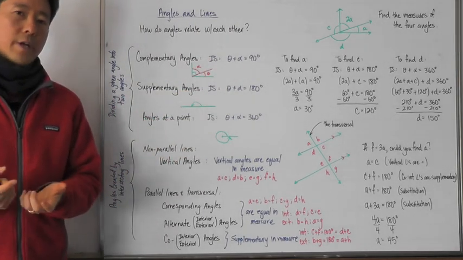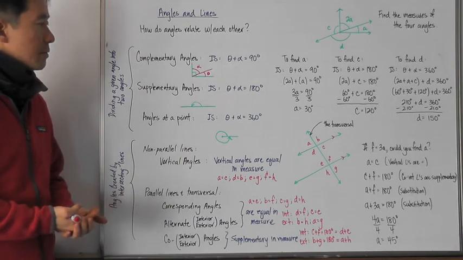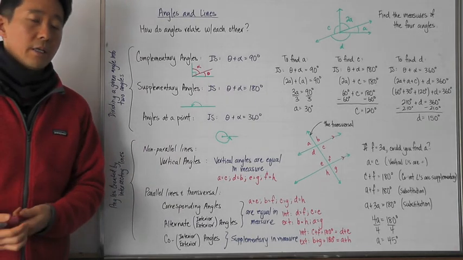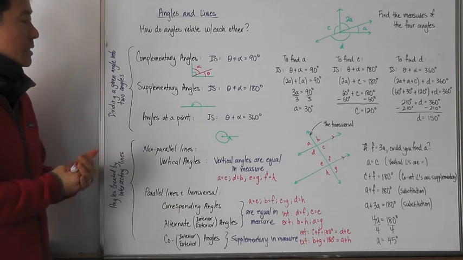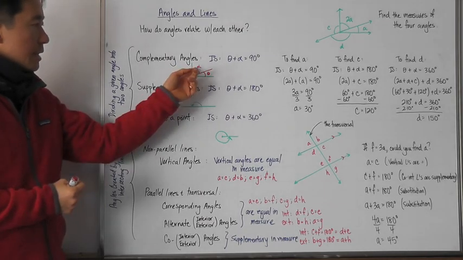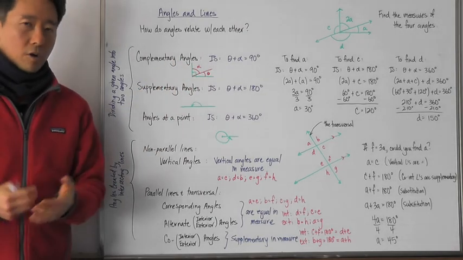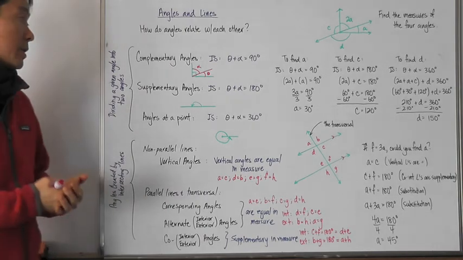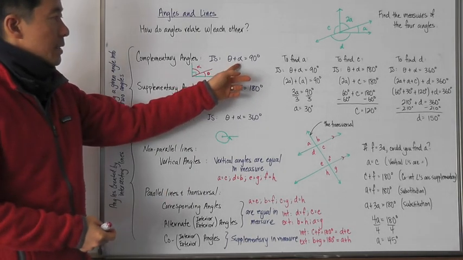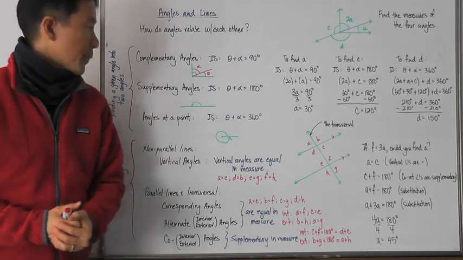Notice that when I add those two angles, of course, it's going to be equal to 90 degrees. So in that situation we say that theta and alpha are complementary angles, and mathematically, theta plus alpha is equal to 90 degrees.